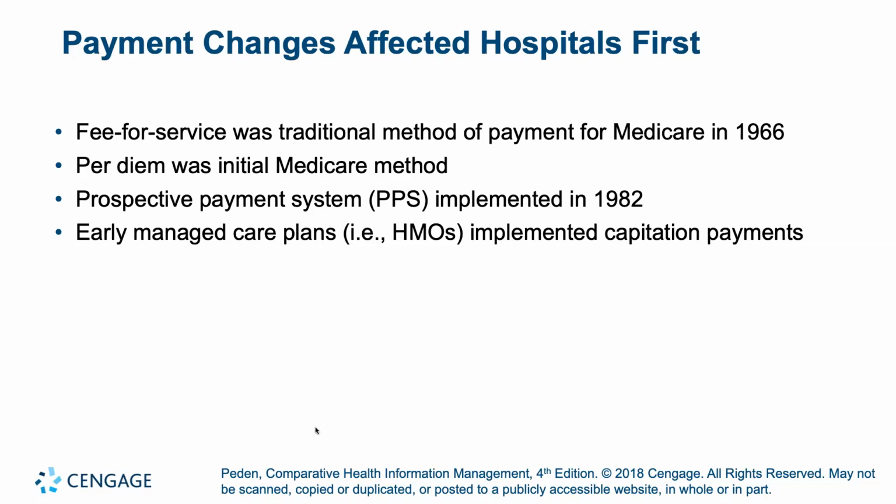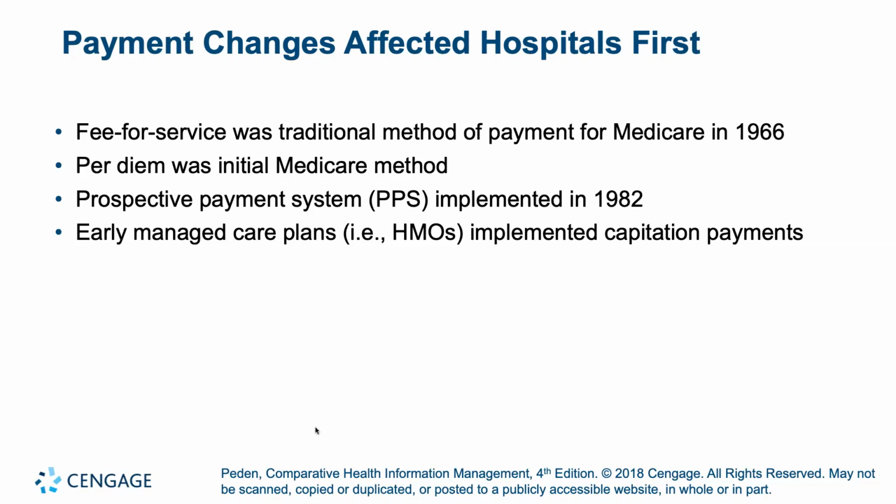Well, as you can imagine, that was kind of expensive. And it depended on what was done for the patient. In 1982, they put in a prospective payment system, which brought in the DRG system, diagnosis-related groups. They identified that patients that fell into these diagnosis-related groups essentially cost about the same to treat.